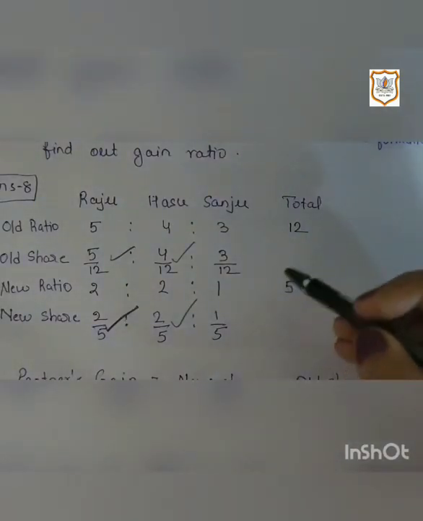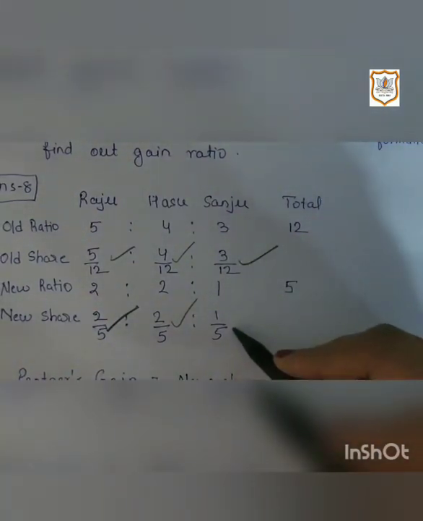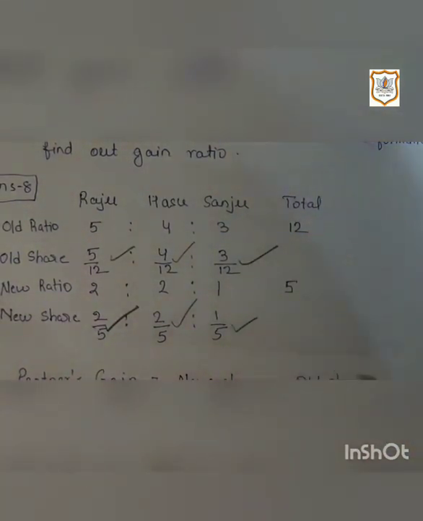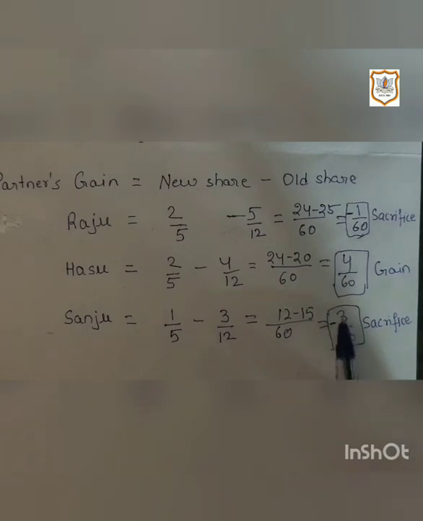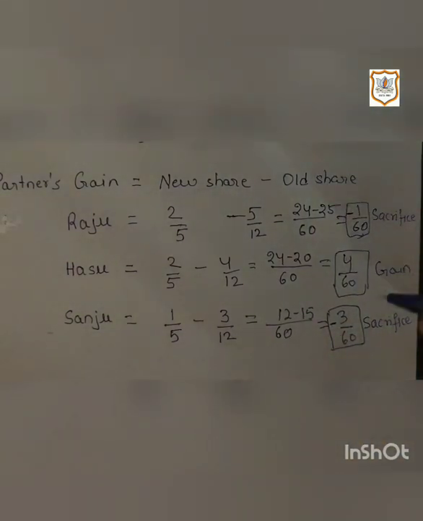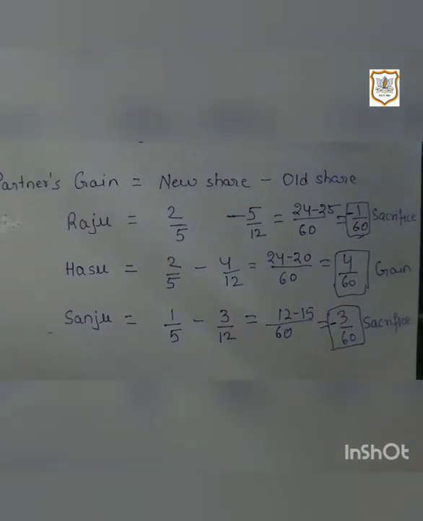Now let's calculate it for Sanju. Here Sanju's old share was 3 by 12 and new share is 1 by 5. Now if we put it in the formula, we will get minus 3 by 60. As you can see here, we have got the answer with negative sign. That means Sanju is not gaining, rather he is sacrificing.